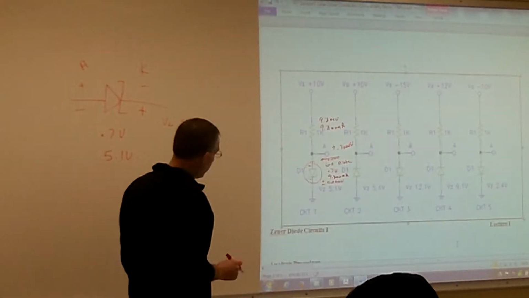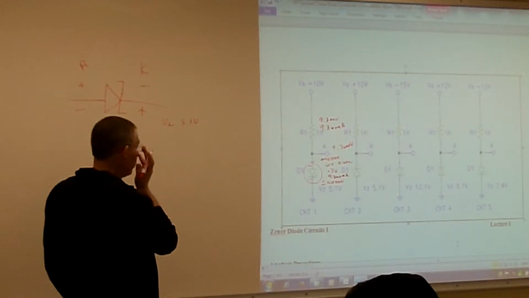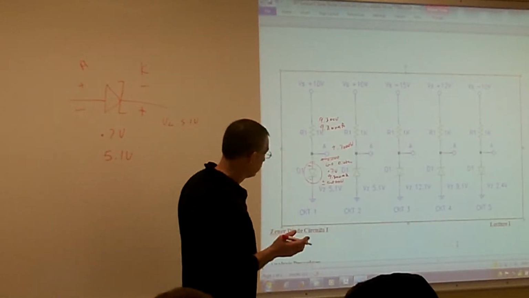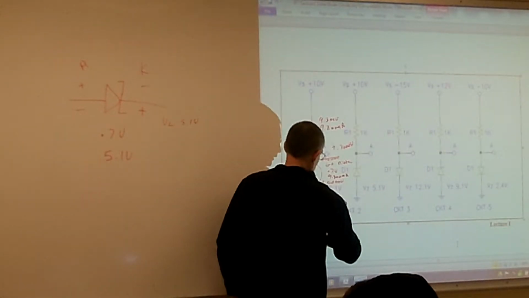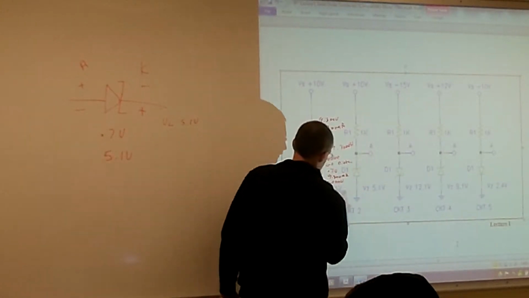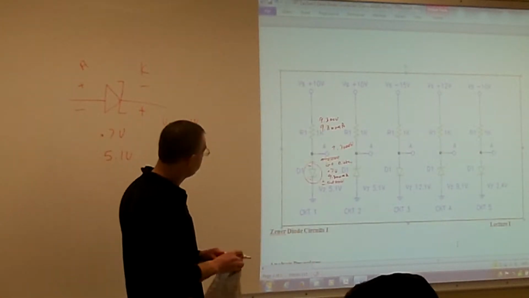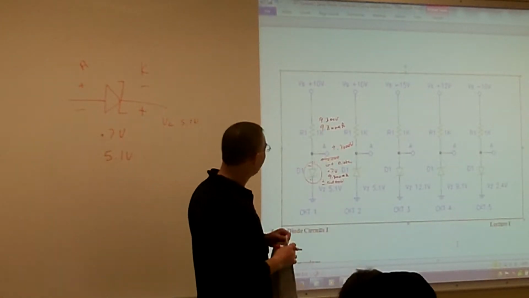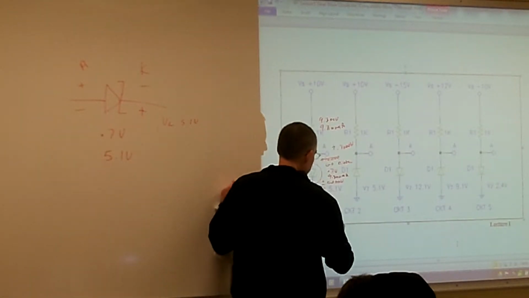Bring your red lead down to your black lead. And then what's going to be the power of my diode? 86.49 milliwatts? Oh, wait a minute, nope. 60.54 milliwatts?